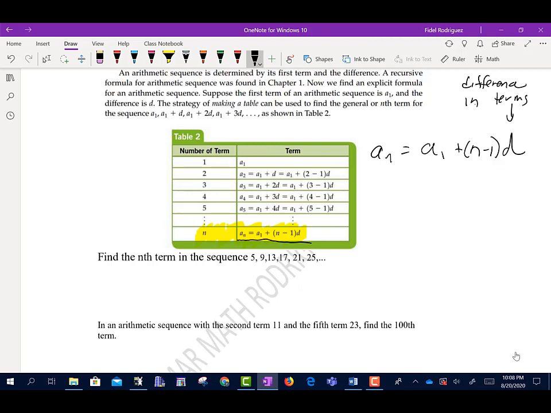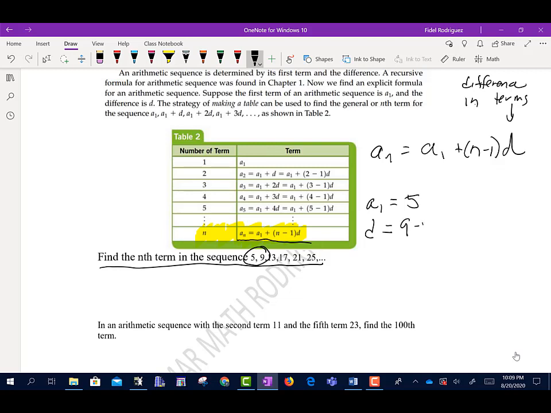in the terms, okay? So let's see if we can figure out the first problem here. It says, find the nth term in the sequence. Just by looking at this piece here, I know that my a_1 is going to be 5 because that's the first term. Then the next thing we want to do is find the difference. What we mean by the difference is we're going to subtract those numbers.